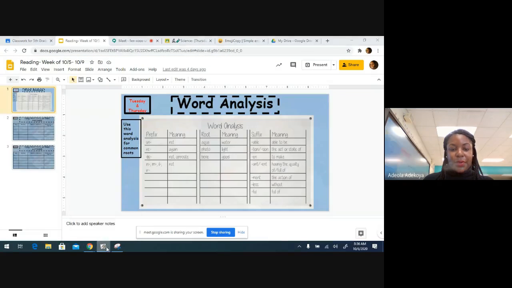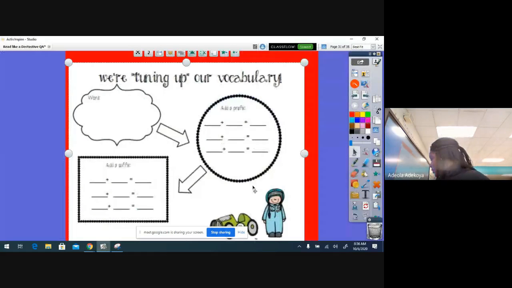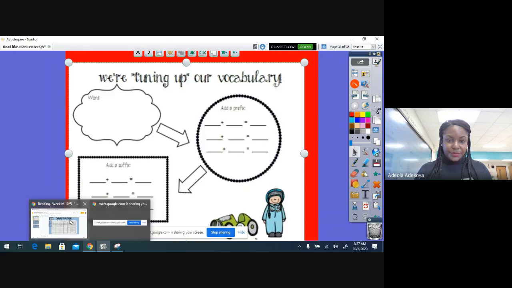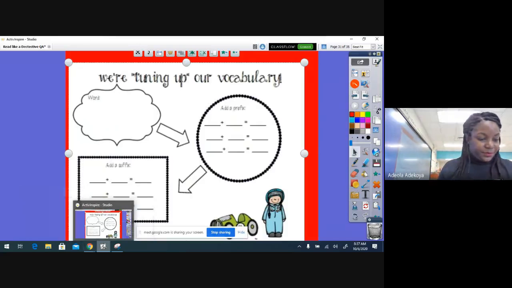So I'm going to go ahead and pull up this graphic organizer that I have here, and I'm going to add some prefixes, all right? So the idea is for us to be able to pull these words apart and look at the parts of the word, and then help us understand the meaning of the word, which also helps us with our comprehension, all right? So the first one we looked at was un.